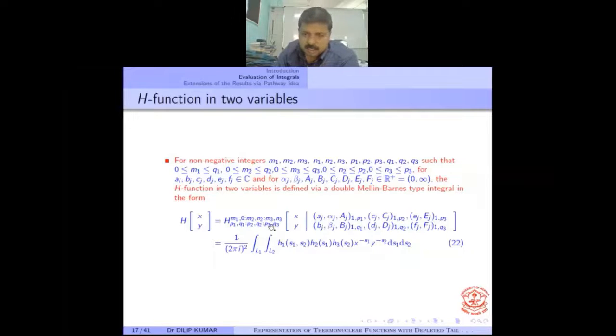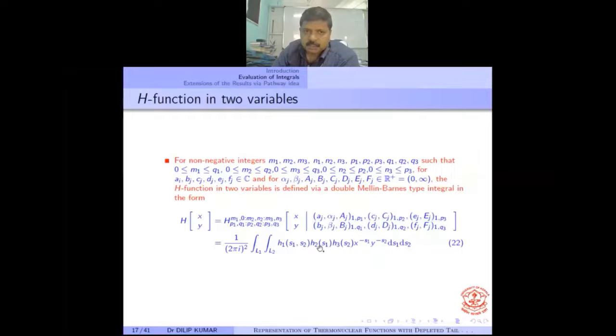Let us see what it is. It is also a double Mellin-Barnes type integral. The ordinary H function in a single variable is a single Mellin-Barnes type integral. Here there will be two variables, x and y, and let us see how we write this. Before that, we have to see what all these functions are.